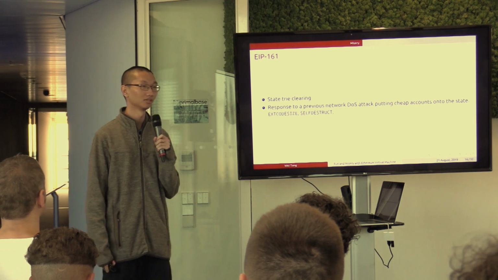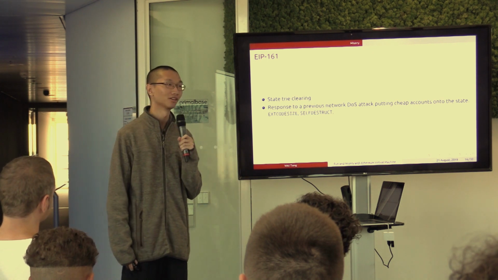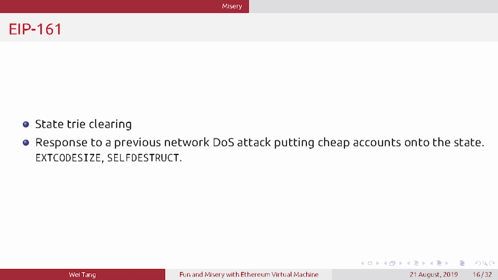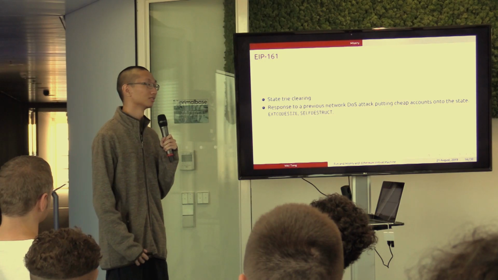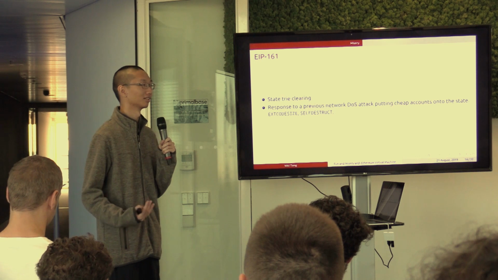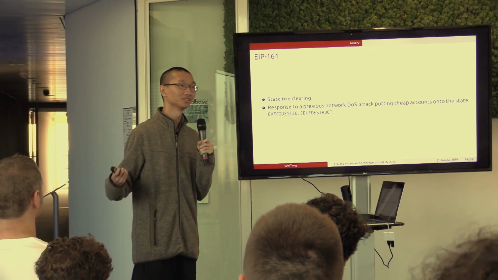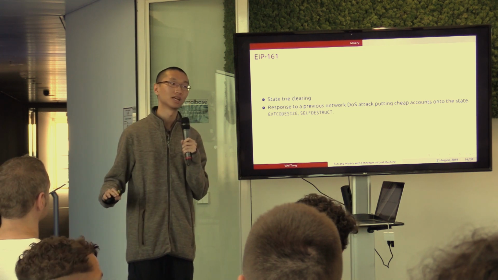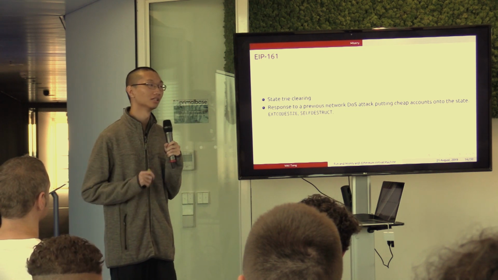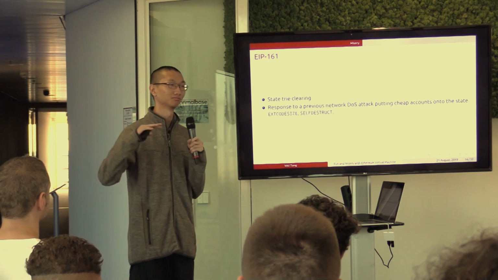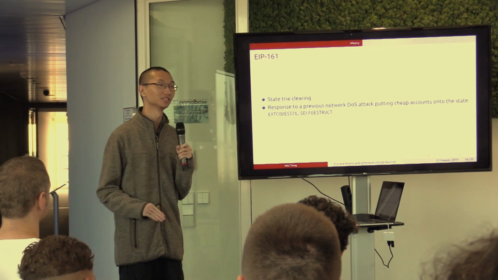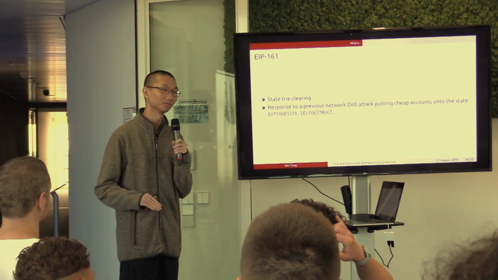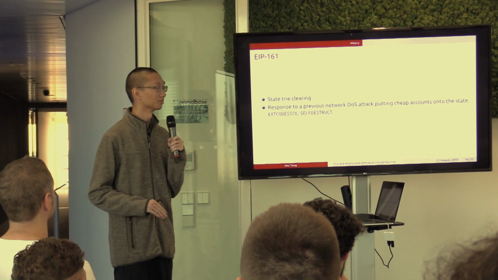The first EIP that probably caused a lot of issues lately is EIP 161, which is state trie clearing. This looks like a fairly good EIP from the beginning. At that time we had a denial of service attack, and we had a bloat of useless accounts created onto the blockchain, and we wanted to get them deleted.